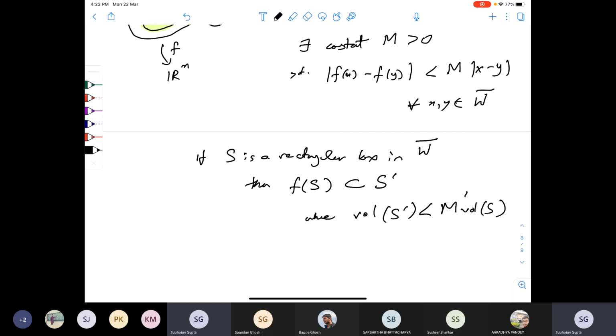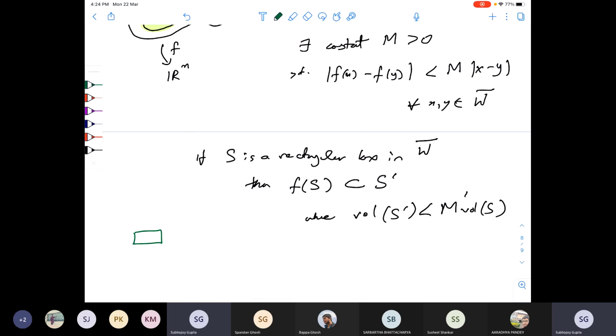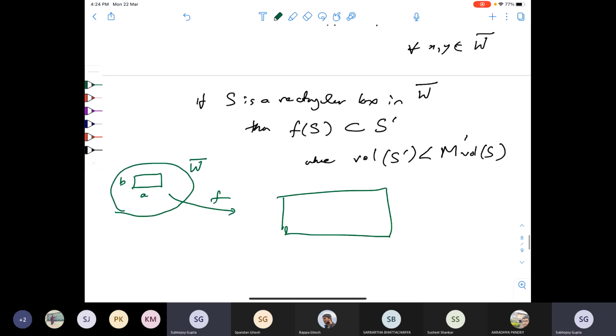Let me just draw it in 2 dimensions. If you have a box with side lengths A and B inside W closure, and you map it by f, at most you'll be mapping to something where this side is less than m times A, and this side is less than m times B. So the volume will go up by at most m squared.